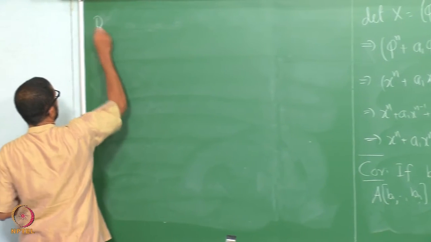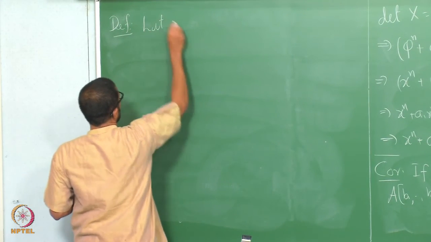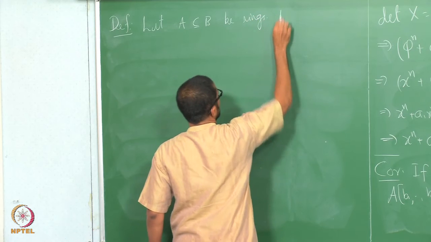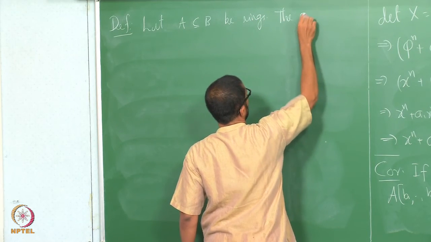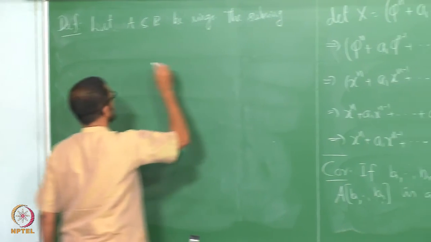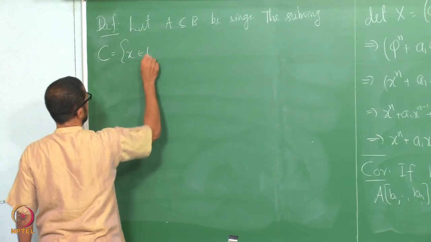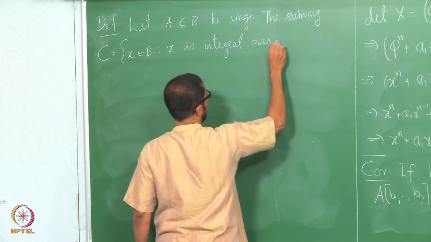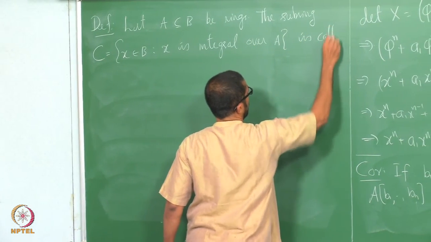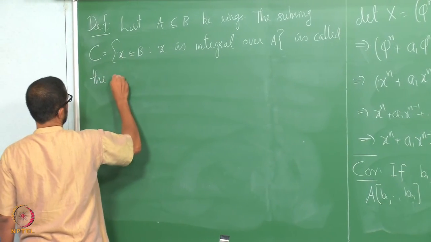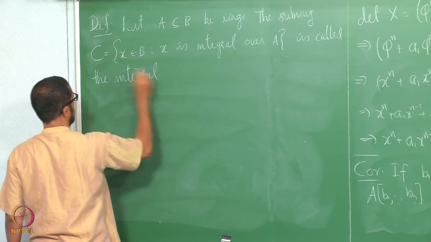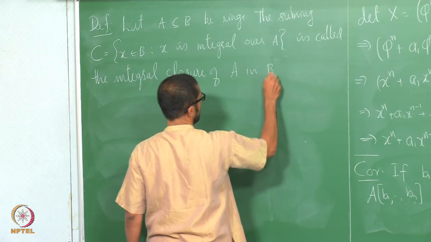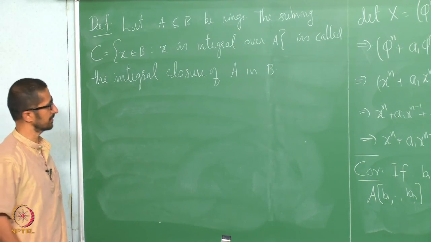So, let A contained in B be rings. The subring C equal to the set of all x in B such that x is integral over A is called the integral closure of A in B. Okay.